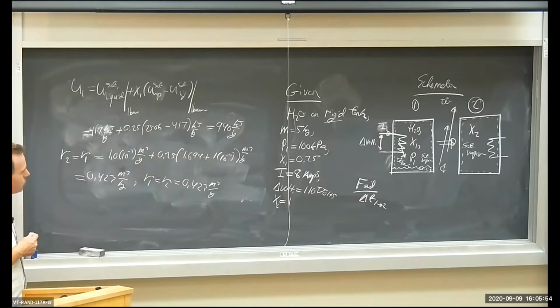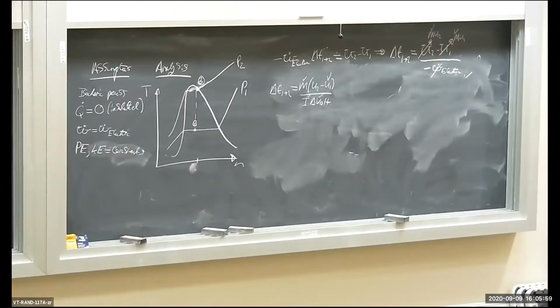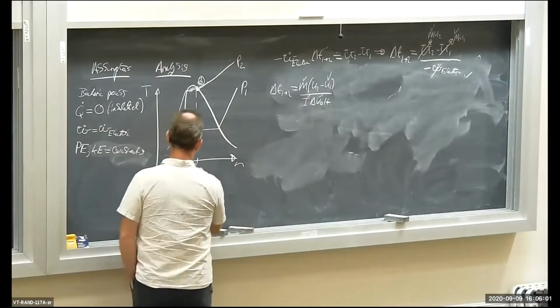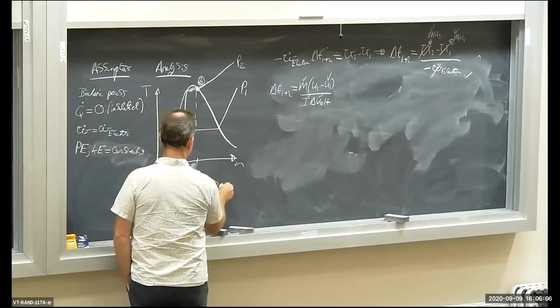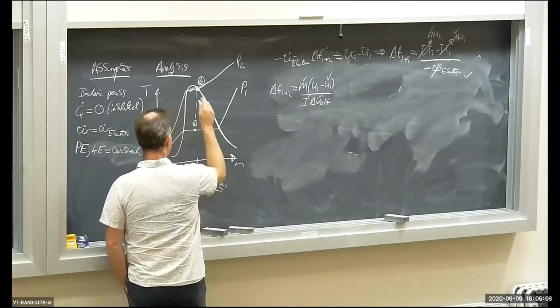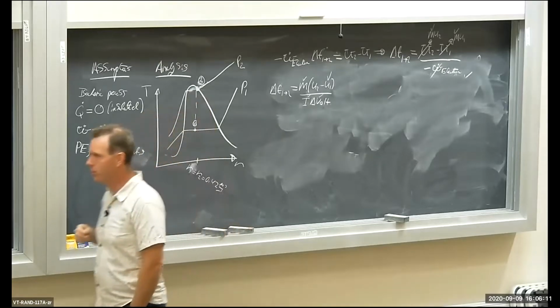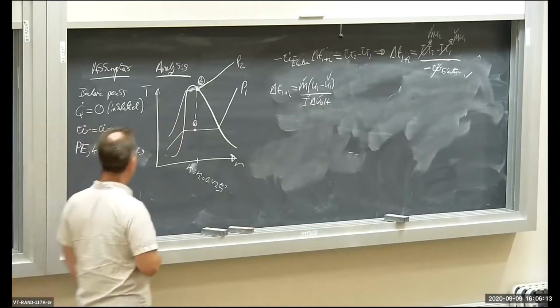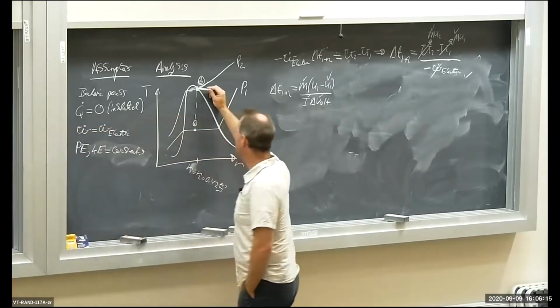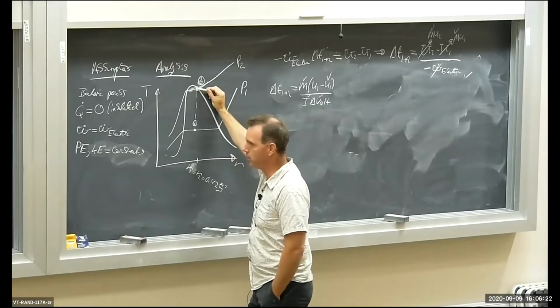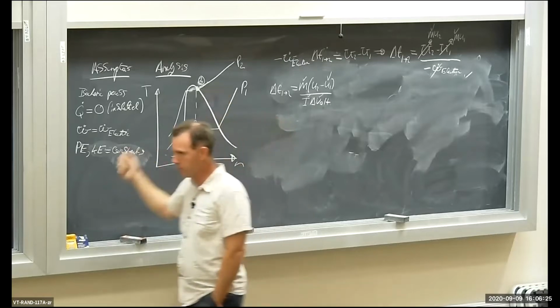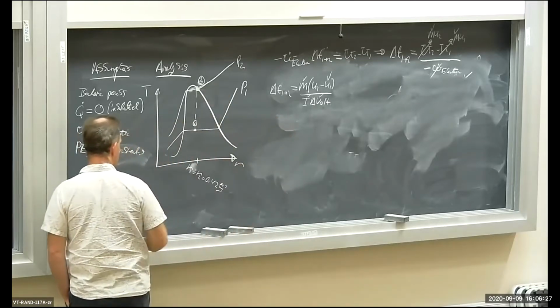So we know this is an isochoric process: V1 equals V2 equals 0.42 cubic meters per kilogram. So state 2 is a saturated vapor with a specific volume of 0.42 cubic meters per kilogram.